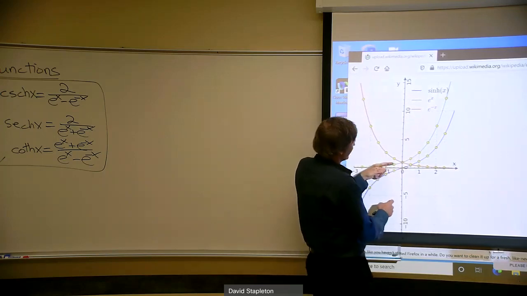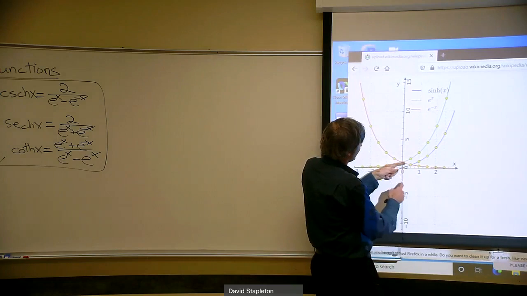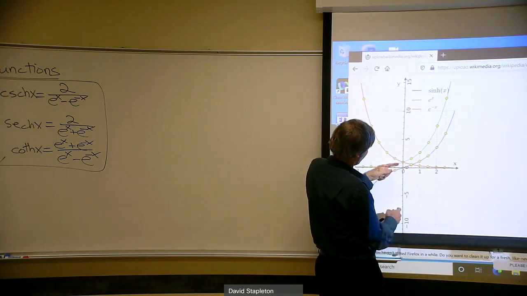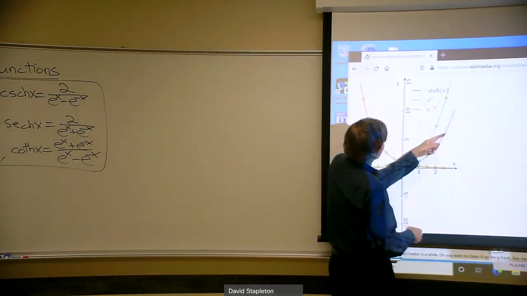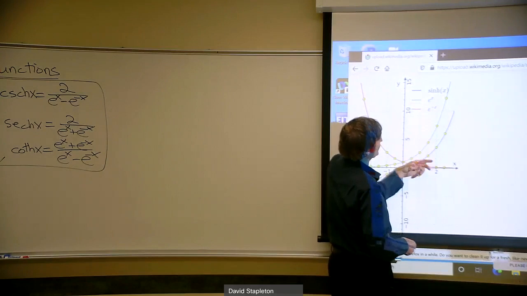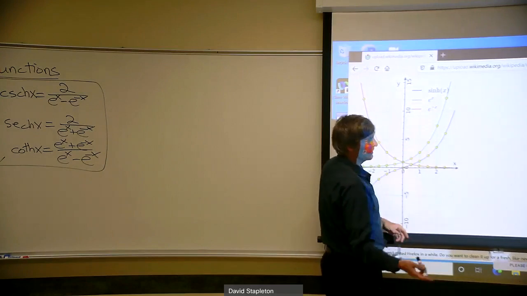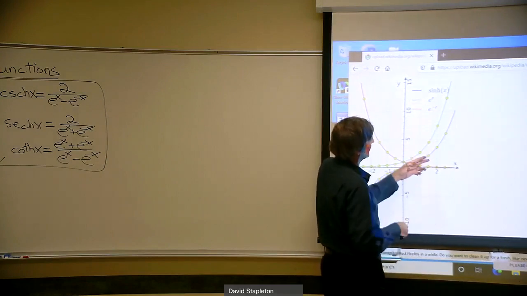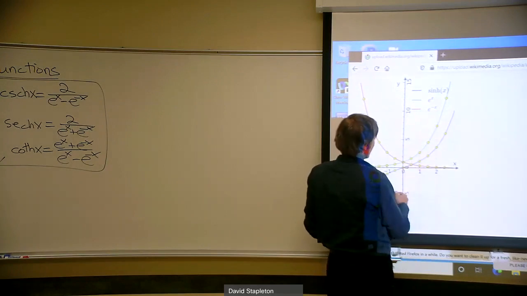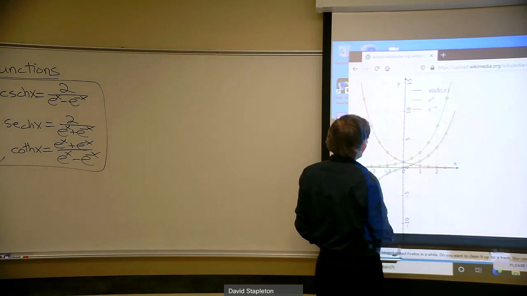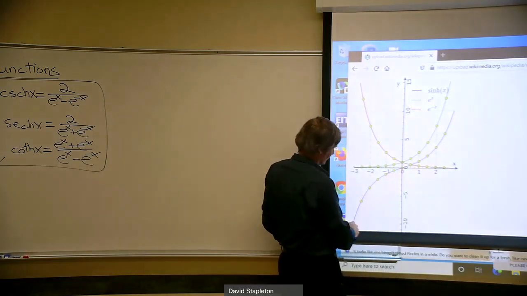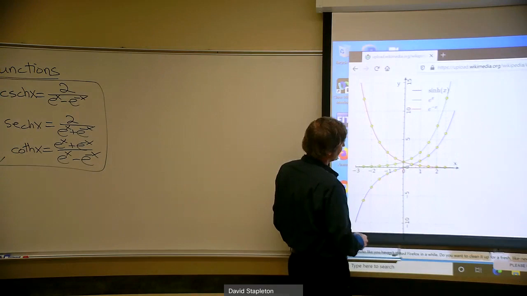In fact, if you plotted 1/2 e to the x, it would come through here at 1/2. And this hyperbolic sine would come closer and closer because after all, hyperbolic sine is 1/2 e to the x plus 1/2 e to the minus x, a term that goes to 0 as x gets larger and larger. So sinh asymptotically approaches 1/2 e to the x on this side and similarly approaches 1/2 e to the minus x on this side.